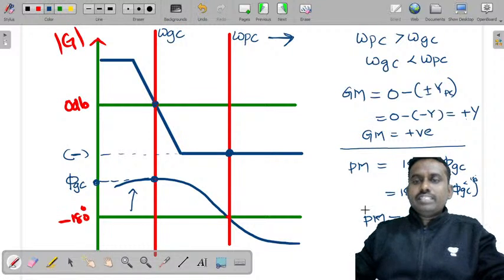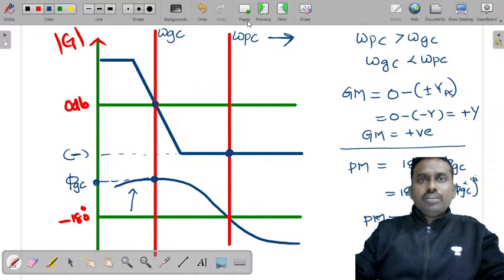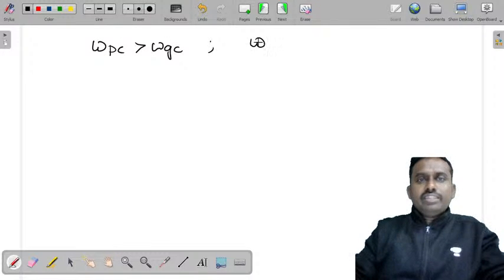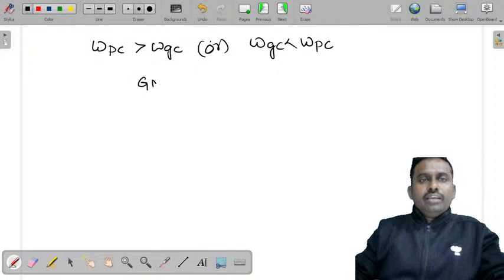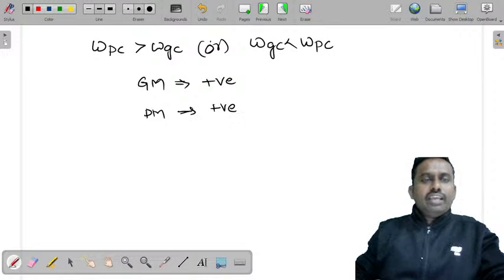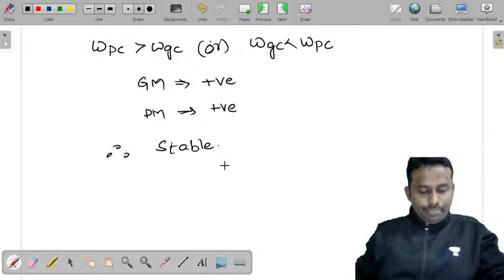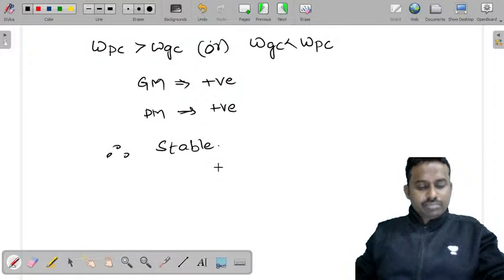So phase margin is a positive value. So when the gain crossover frequency is less than the phase crossover frequency, gain margin is positive and phase margin is also positive. Therefore, you can say that the system is a stable system.